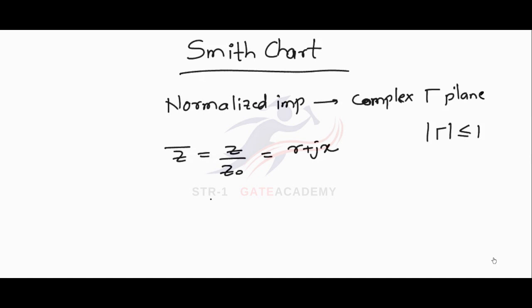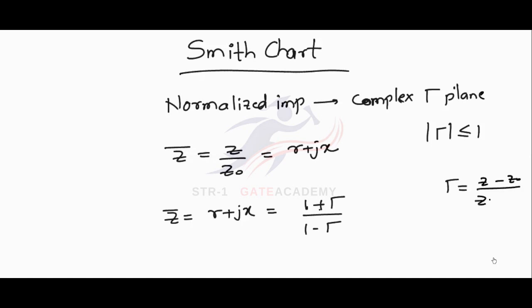Now we have Z bar equal to R plus jX, and in terms of gamma we have a relation that Z bar is (1 plus gamma) divided by (1 minus gamma), because we have seen that gamma is in general (Z minus Z naught) divided by (Z plus Z naught). This relation we have already obtained. From this equation you can find the value of Z, and then you can find the value of Z bar. So here itself you can make it as Z bar.